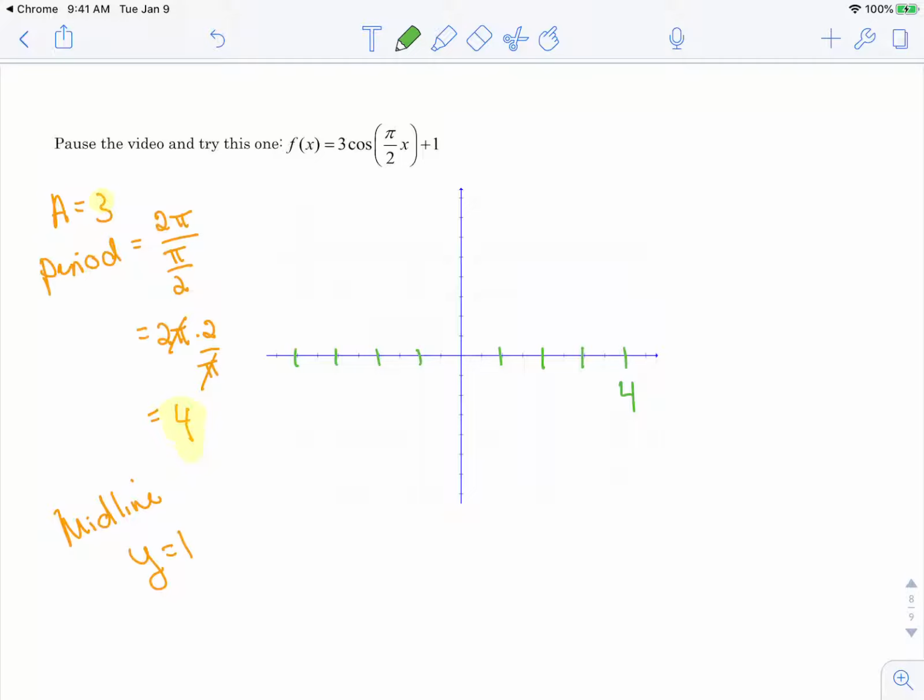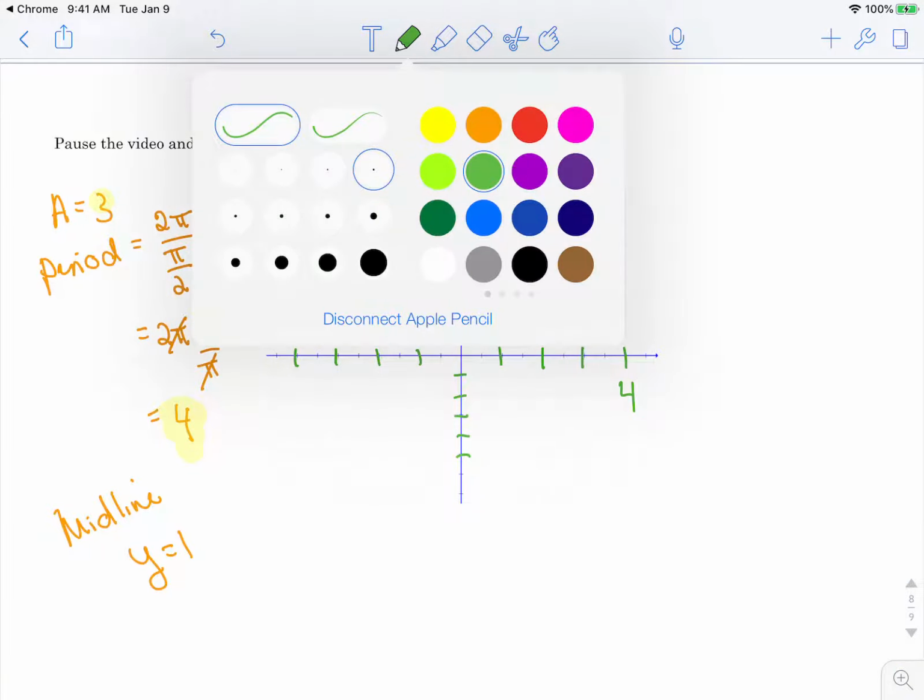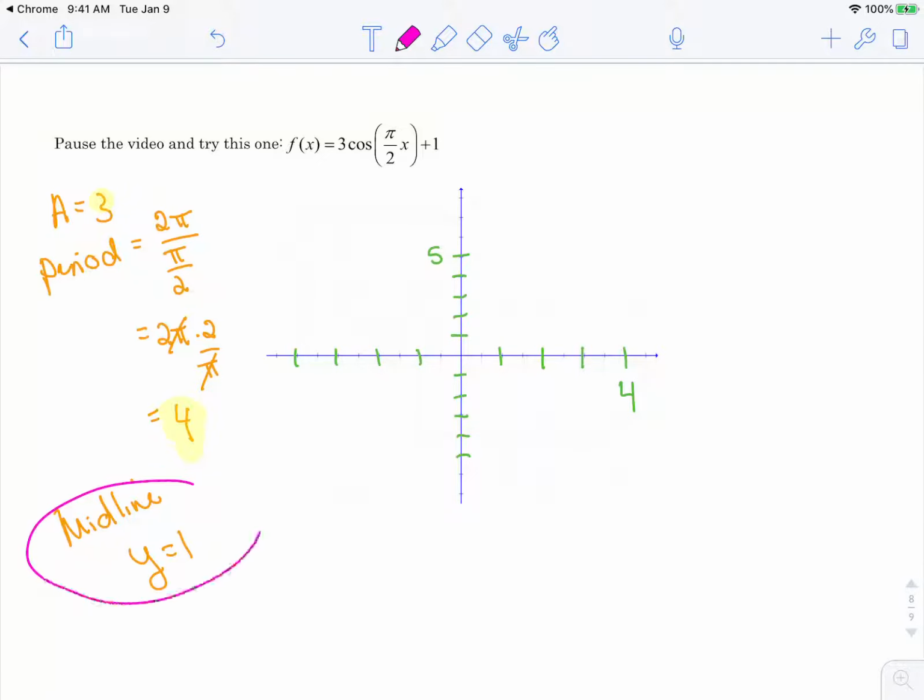I'm going to go up. I think I'll have enough. I should just do 1, 2, 3, 4, 5, considering I have to shift up and stretch by 3.